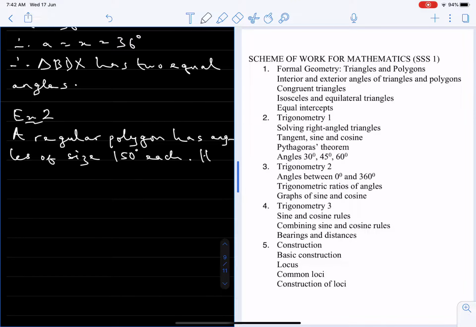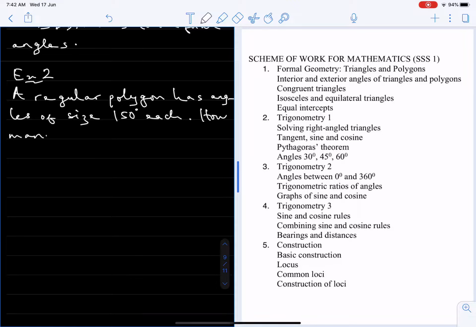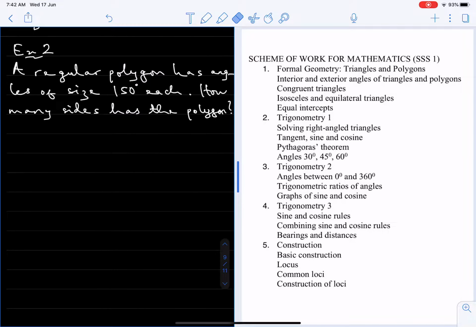How many sides has the polygon? That ends in a question mark. That's our second example. Let's see the solution.